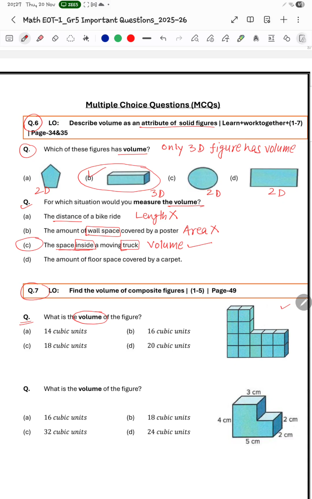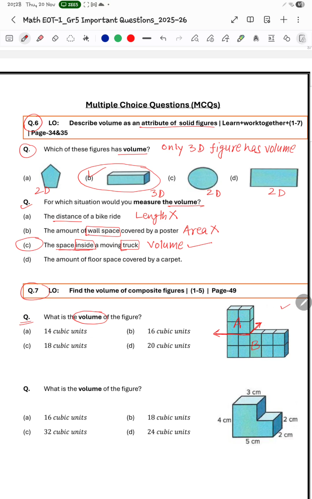So in this case we need to cut the composite shape. So I'm going to cut it from here. It's your choice from where you are cutting. So I'm going to cut it horizontally like this. Okay. So if I cut it from here, this will become A and this will become B.